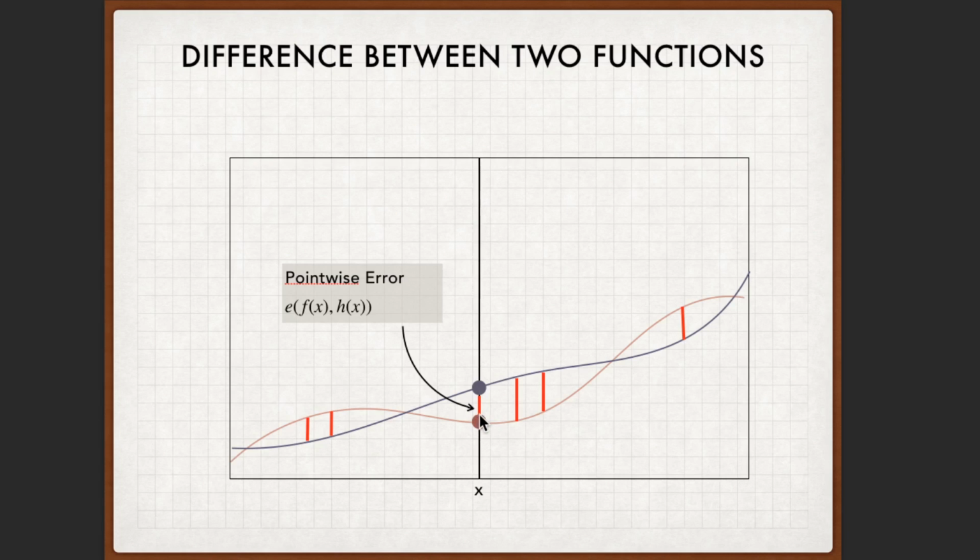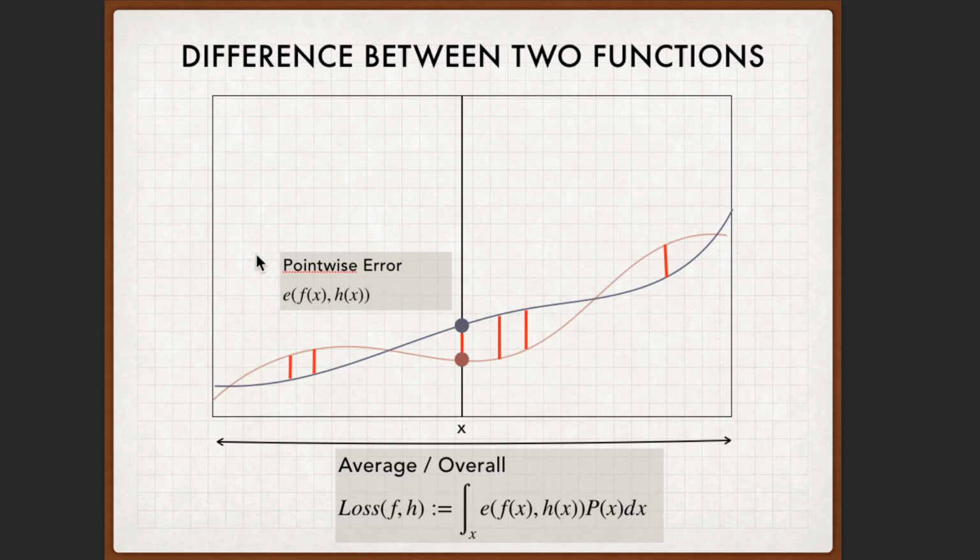So one aspect of the error function is the definition of pointwise error. That is to measure the difference between the predicted value at x and the ground truth value. I use f to represent the ground truth value of x.